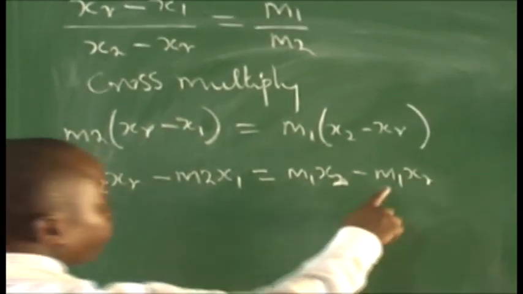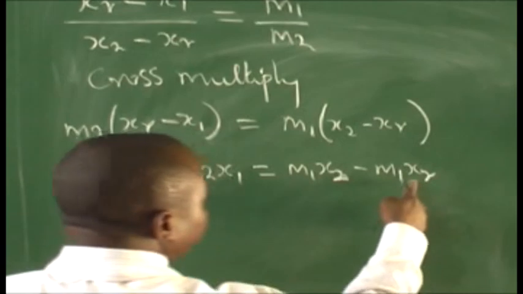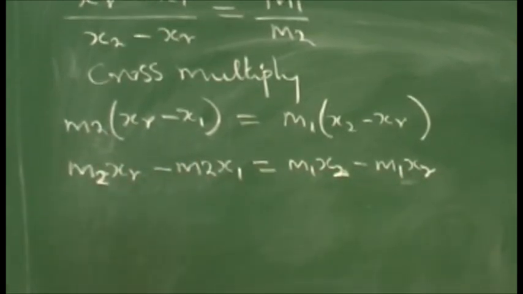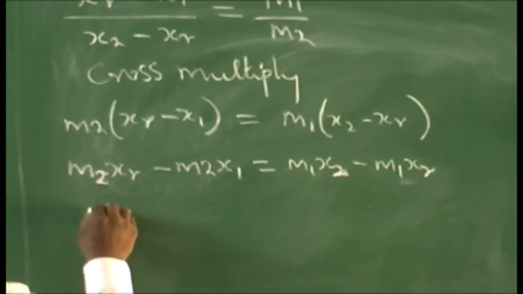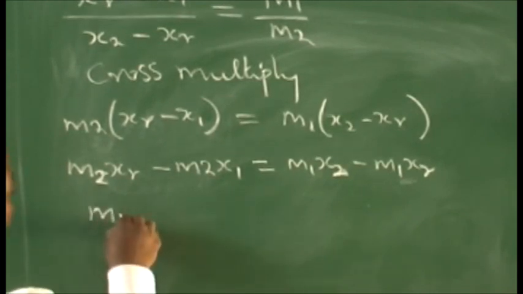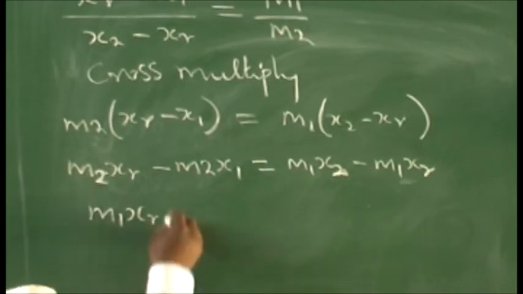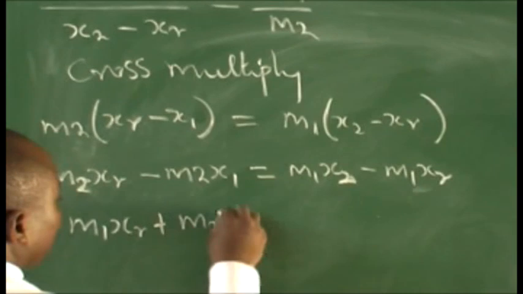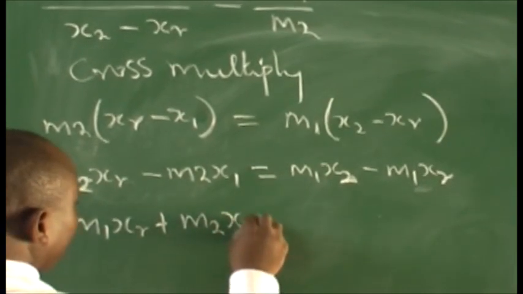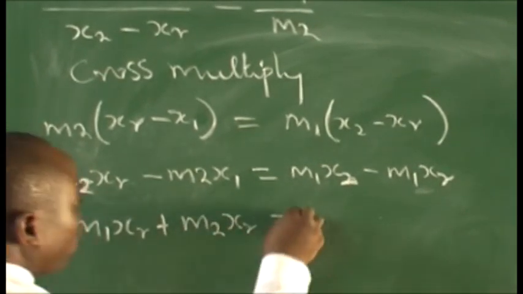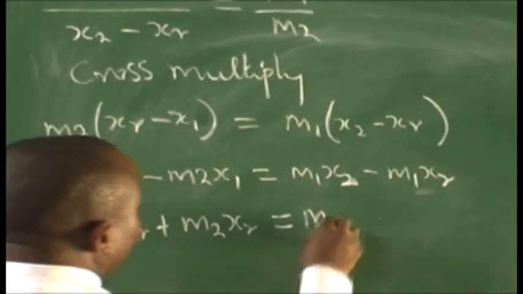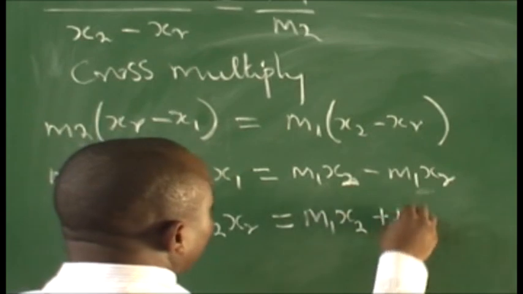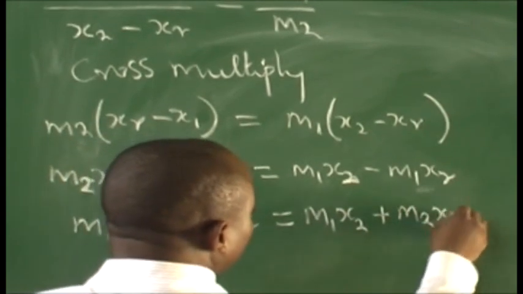So here we have SR, so SR will come to SR. And if we do that, we have M1 SR plus M2 SR will be equal to M1 S2 plus M2 S1.